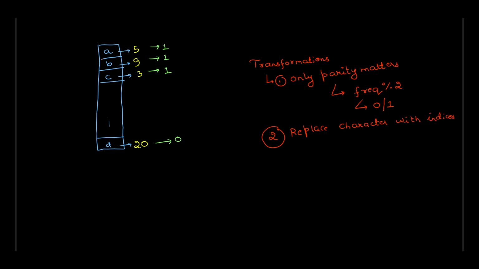So there should be a one-to-one mapping, and you should be able to create this one-to-one mapping. How? You can assign an index 0 to this, an index 1 to this, index 2 to this variable c, and then an index 25 to the last variable, which is z.